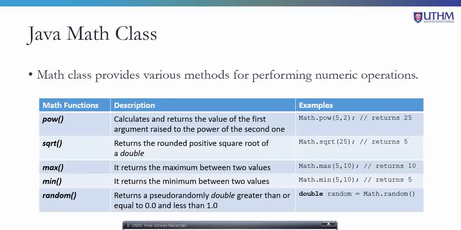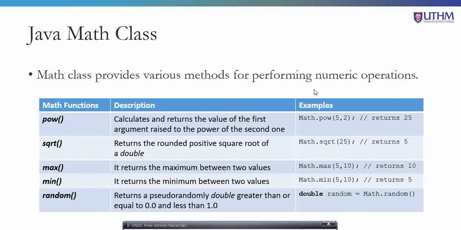It calculates and returns the value of the first argument raised to the power of the second one. So this is how we write whenever we want to have a number raised to a certain power. We write it like this.